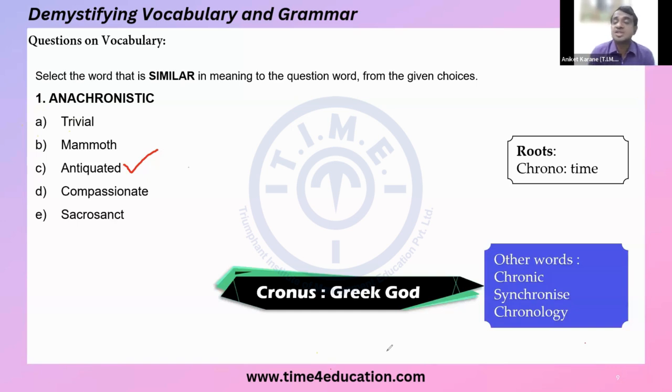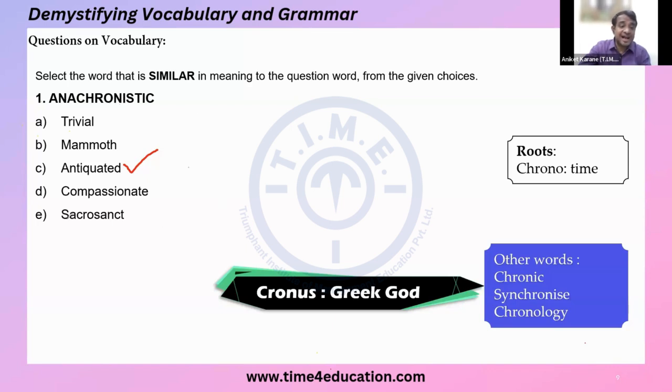Other words you can easily make from chron are chronic, so chronic illness, which has lasted a long time, or synchronize your effort. You have to be in sync, on time together while you're dancing as a group. A chronology is when you place things in an order of time, either ascending or descending. So that's how antiquated is the answer.